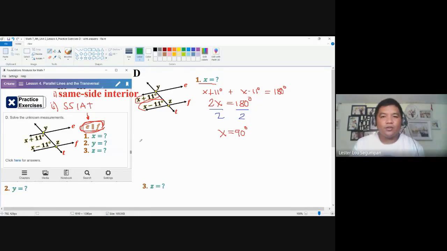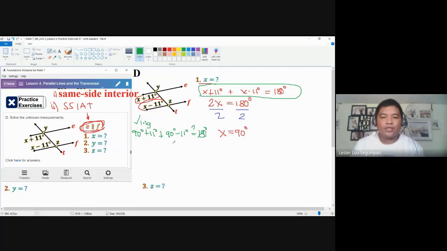So we apply here checking. Using the given equation and substituting the value for x, you will have 90 degrees plus 11 degrees plus 90 degrees minus 11 degrees must be equal to 180 degrees, for they are considered to be supplementary.